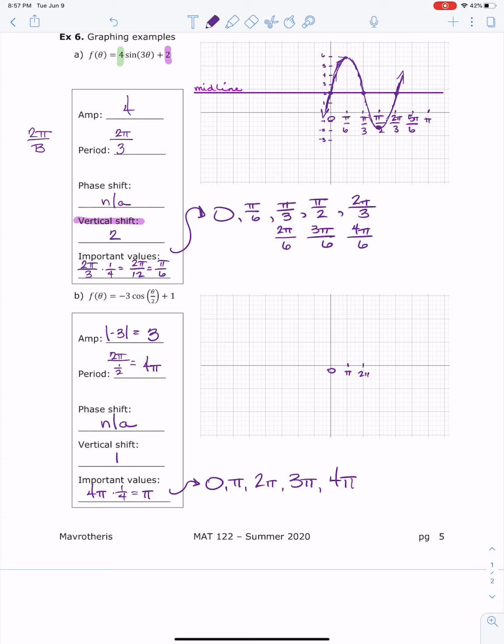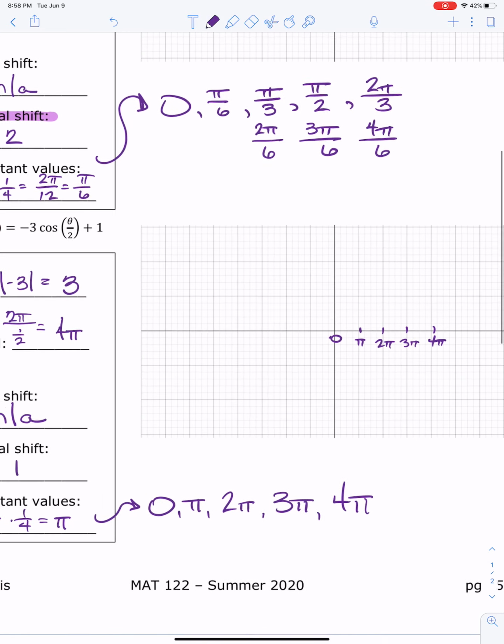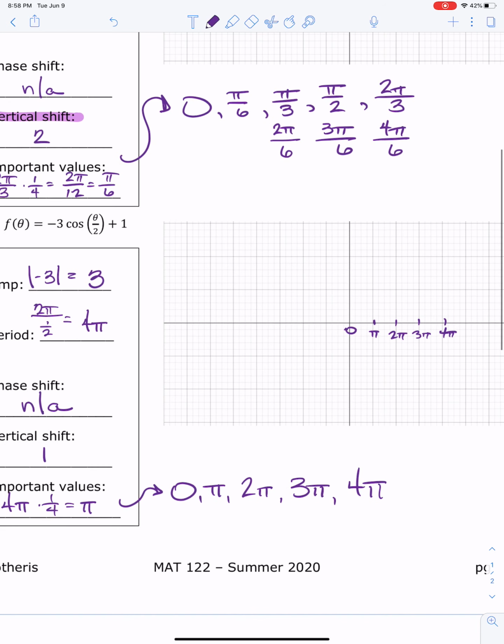Pi, 2 pi, 3 pi, 4 pi. There was not enough room for me to spread those out anymore, so we're good with that. Notice the spacing looks a lot like the one above. It's all how we label that x-axis.